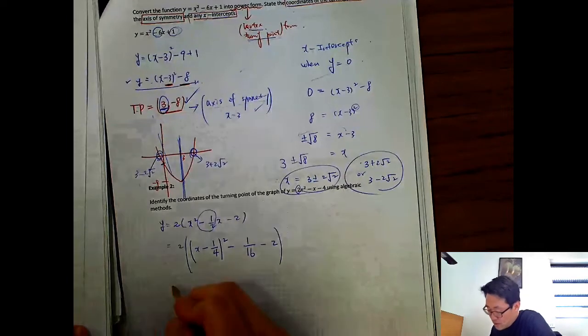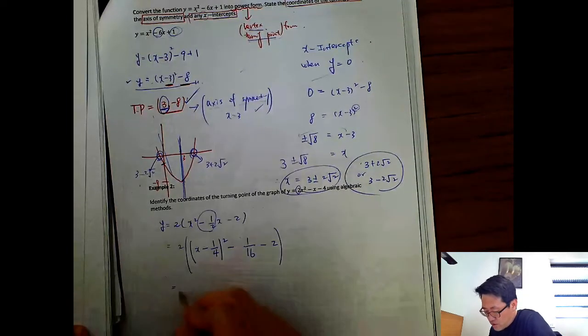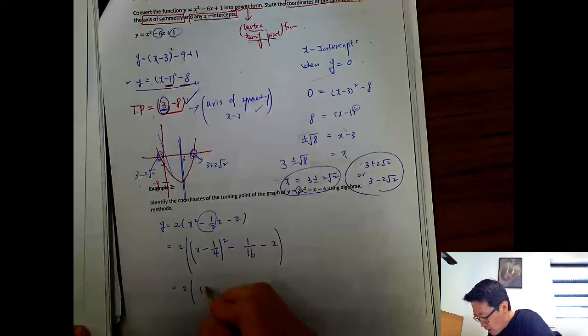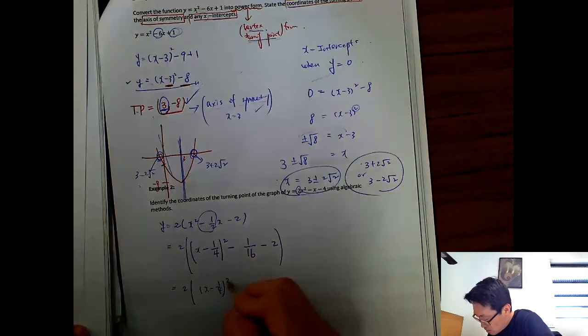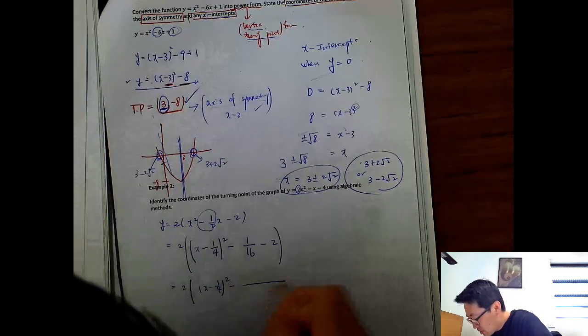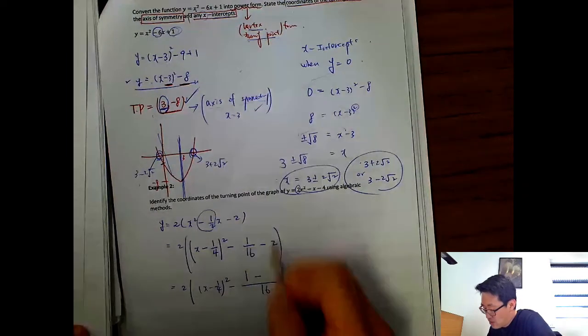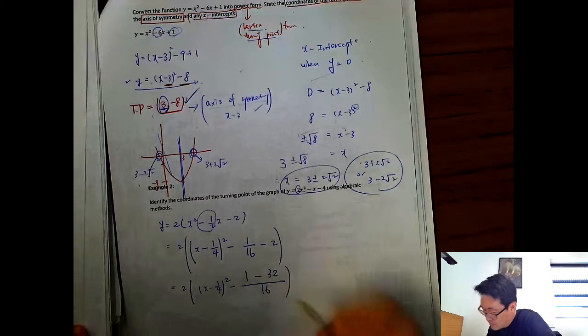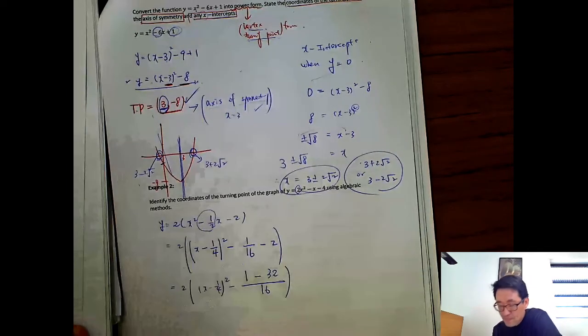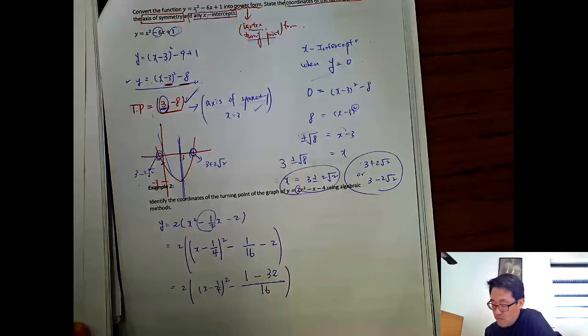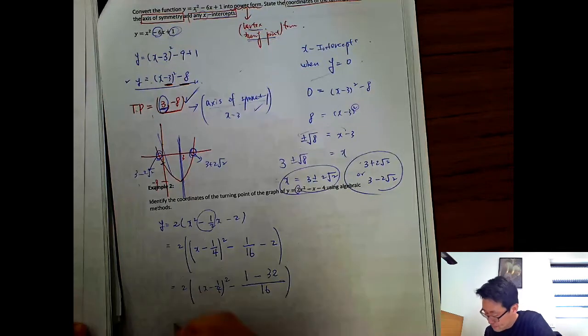You happy with that? I mean, probably I'll do it once next time, but 2 x minus quarter square minus 1 over 16, 1 minus 2 is times 2, 32. 30 minus 32 divided by 16 is minus 2. Okay? So it's algebra, I won't go there.